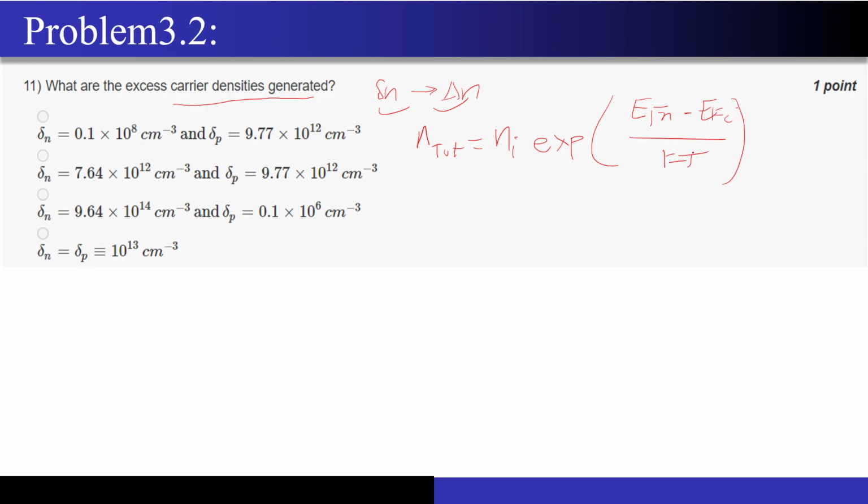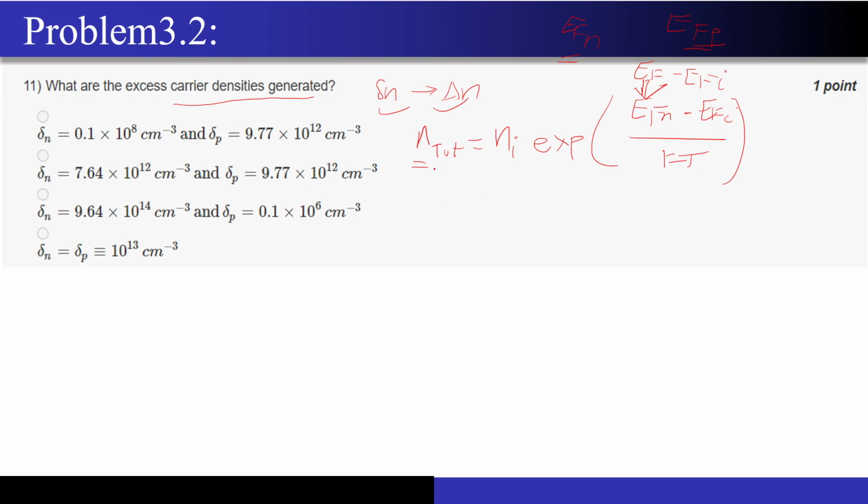Initially this was EF minus EFi, and since we are now introducing the concept of quasi Fermi levels, we have two Fermi levels, one EFN and another EFP. For calculating the concentration of electrons, I have to use EFN. For holes, I have to use the EFP level. So this EF has been replaced with EFN over here, and the rest of the stuff is the same.